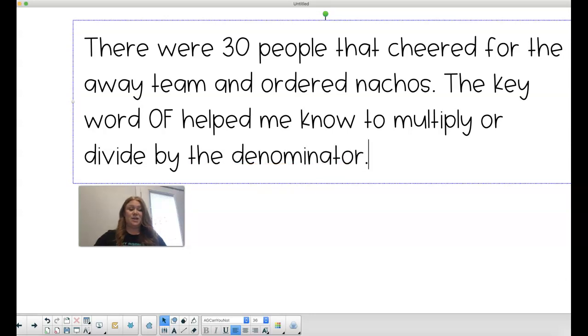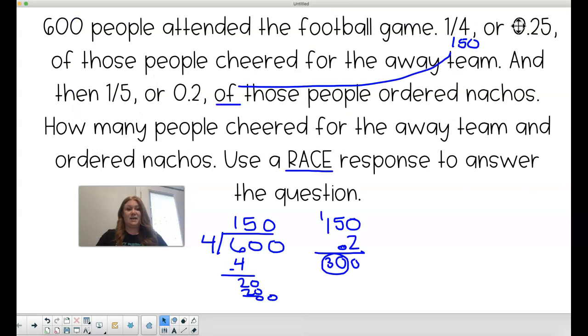So I couldn't just divide here. I knew I needed a smaller number, but I can't just divide by 25. I needed to divide by either 4 or times here. So that word of, there's my citing my evidence of what I needed to do.